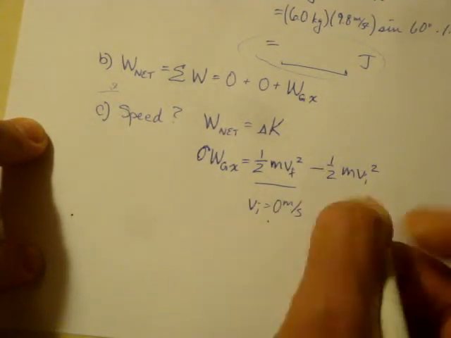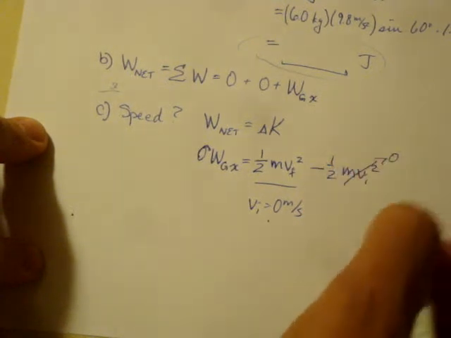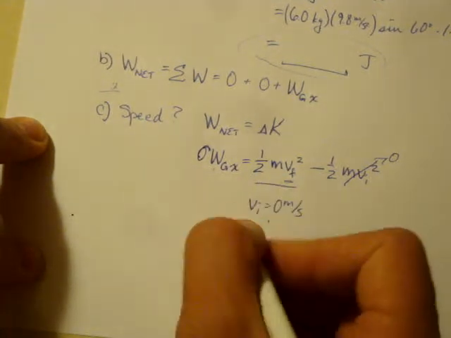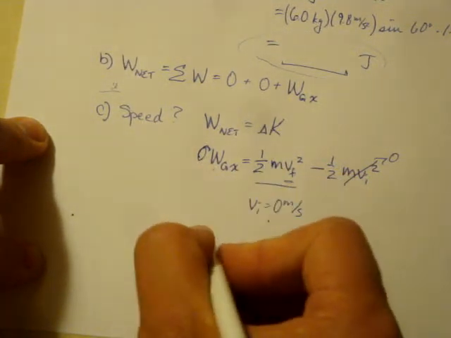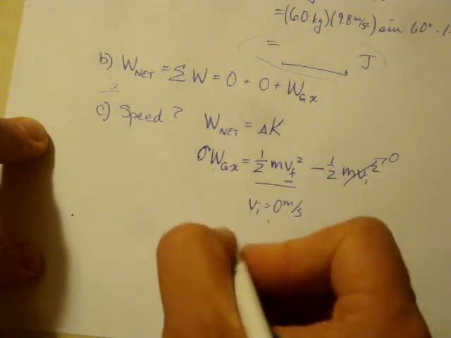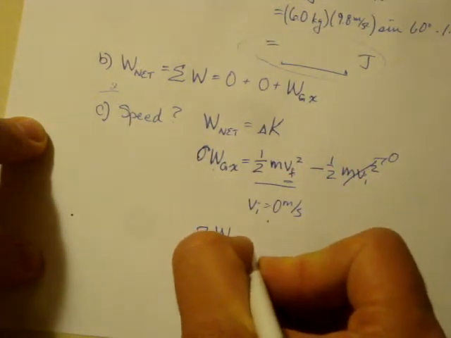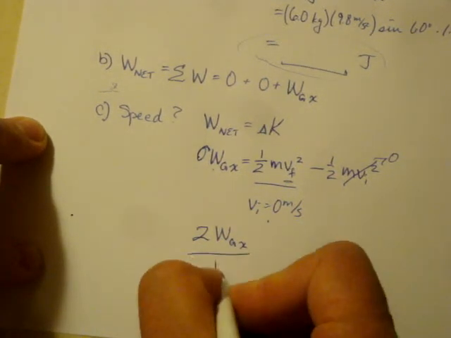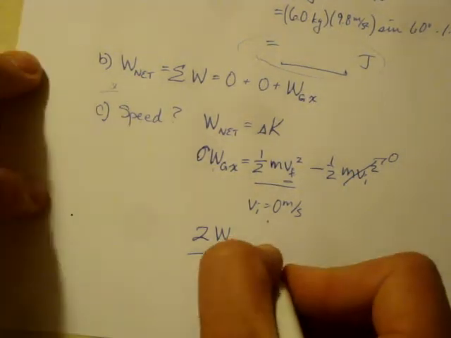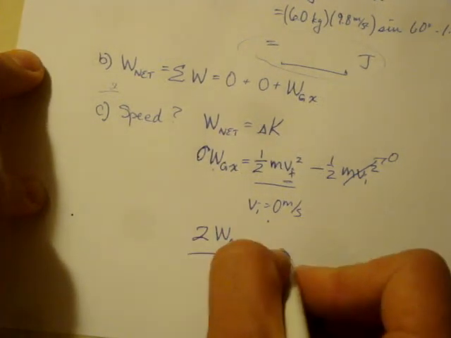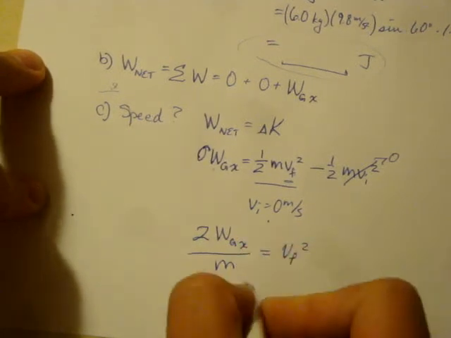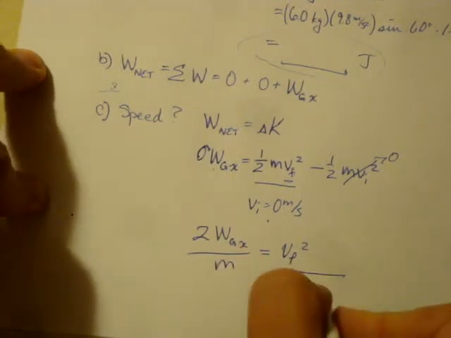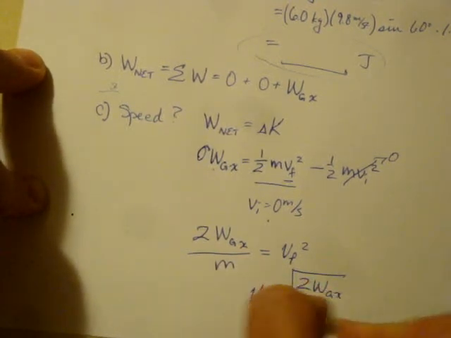So this whole term is 0, and we can figure out the final velocity simply by moving across our numbers. We multiply by 2 on both sides to get 2 times the work due to the gravitational force in the x direction, divided by the mass, equal to vf squared, and then vf will be equal to the square root of 2 times the work done by the gravitational force over m.